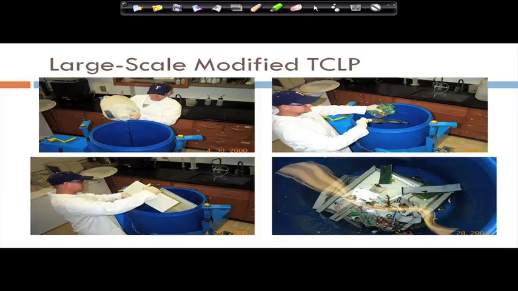We are coming towards the end of this video, so I'll stop at this point in the lecture, and in the next video we'll talk about the results that came out, and I will maybe back up a few slides to recap some of this. The large scale TCLP test is done to find out whether the solid waste is hazardous waste or not. For things like electronic waste, where it's very difficult to get a 100-gram sample, the thought process is, why don't we do it at large scale?